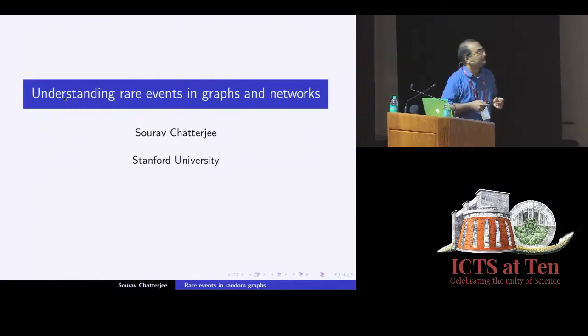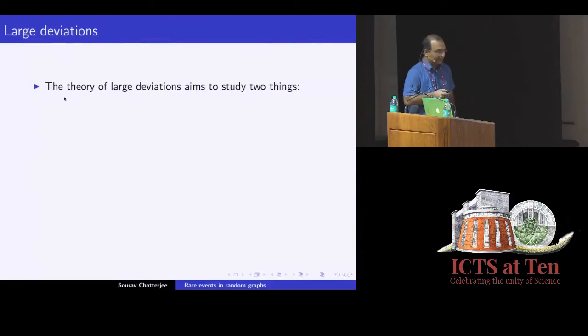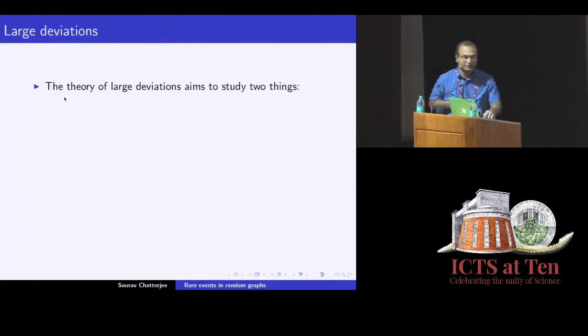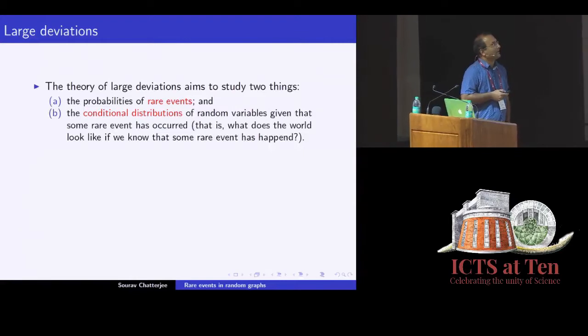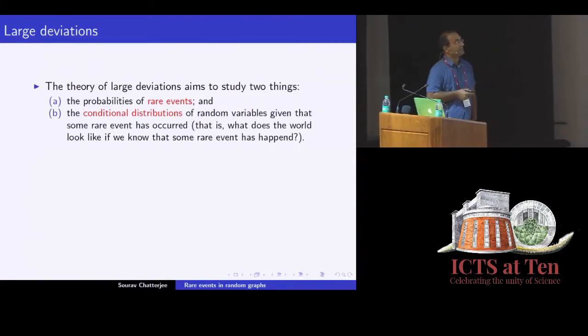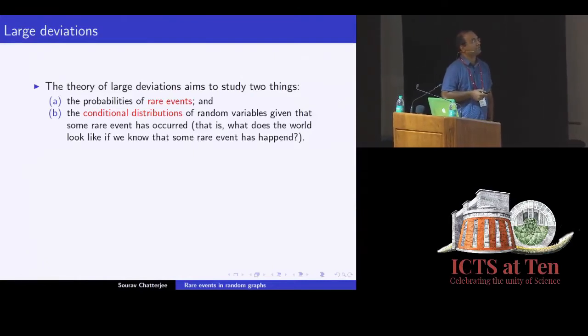So let me begin with what is large deviations, since I'm not assuming that people are familiar. There are two goals of the theory of large deviations. One is to study the probabilities of rare events, and the second is to understand the conditional distributions of random variables given that some rare event has occurred.